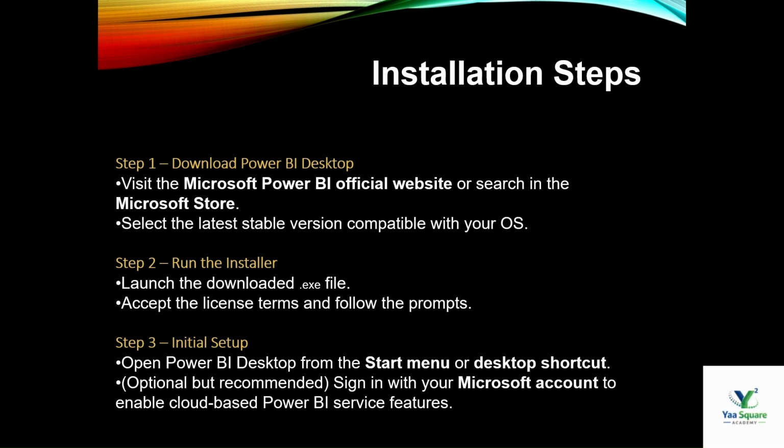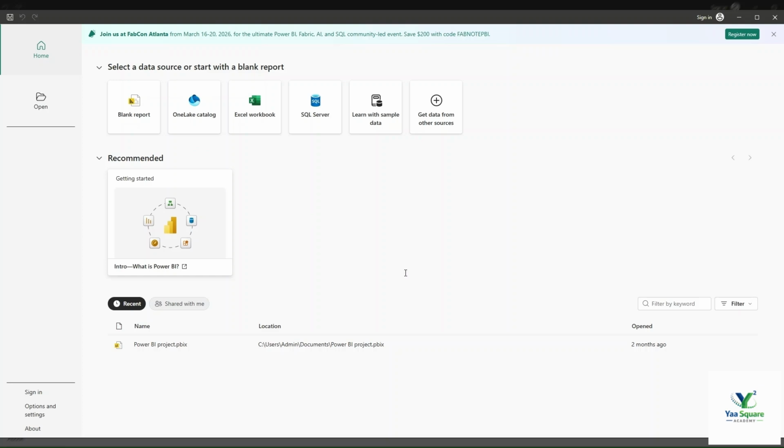Then you can run the installer and follow all the installation steps. Now open Power BI Desktop from the start menu or desktop shortcut, and optional but recommended, you can sign in with your Microsoft account to enable cloud based Power BI Service features.